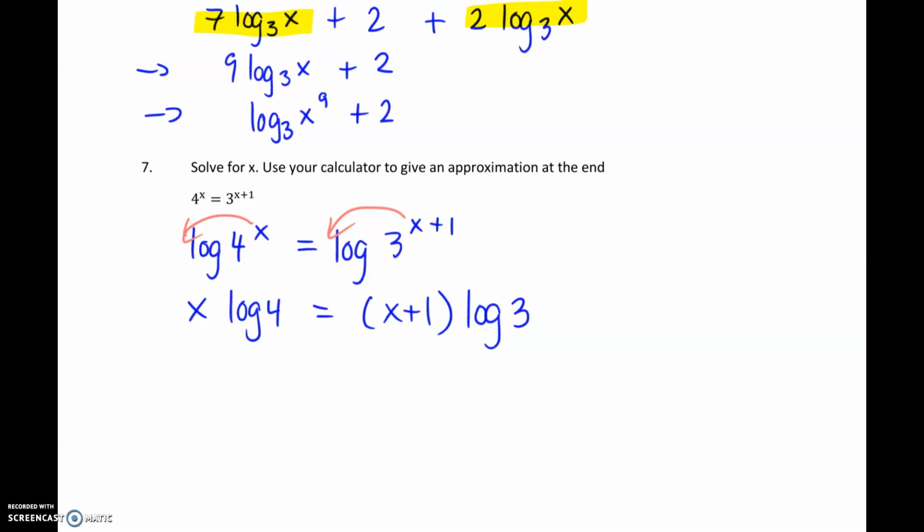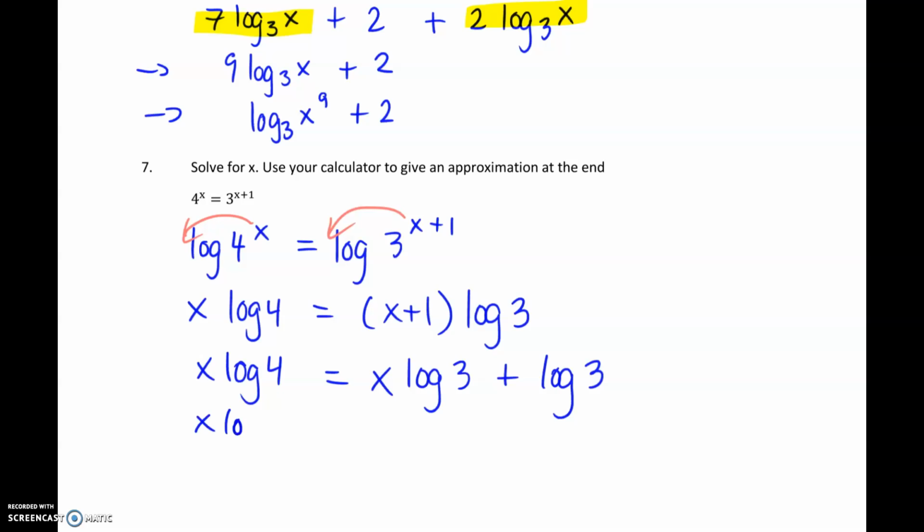We're going to distribute. And so we have x log 4 equals x log 3 plus 1 times log 3, or simply log 3. Since we're solving for x, we're going to subtract x log 3 to move it over to the left side. With that, we have x log 4 minus x log 3 is equal to log 3.